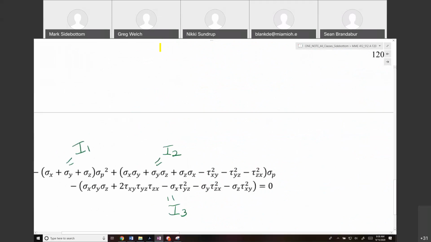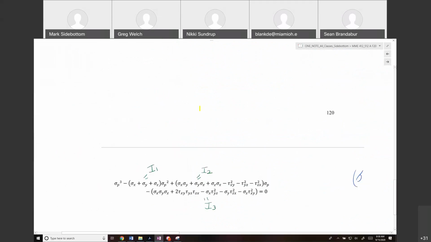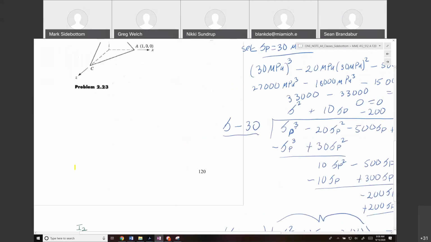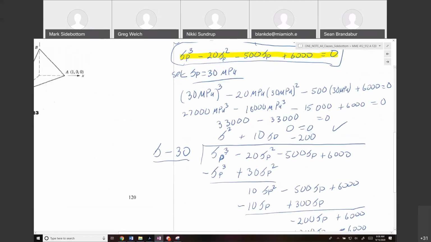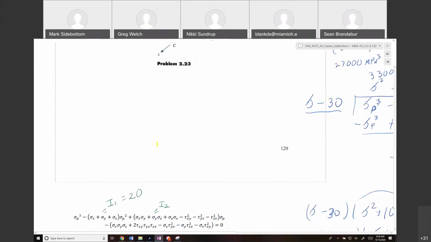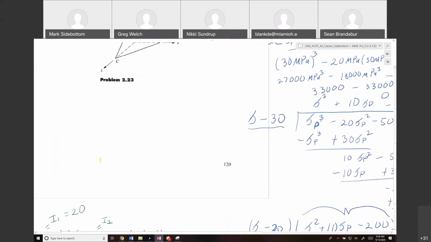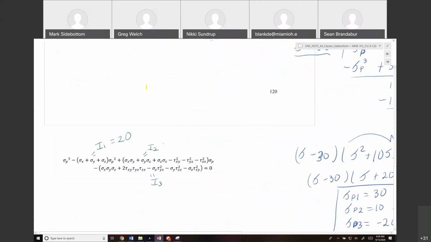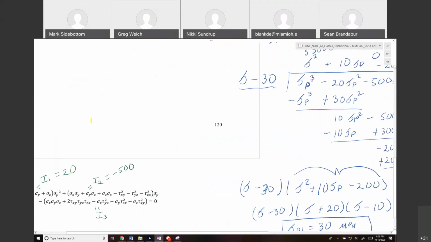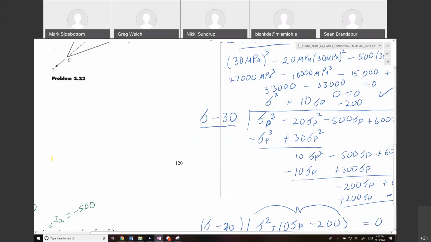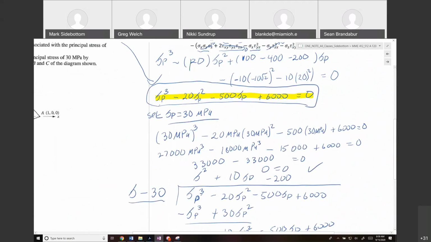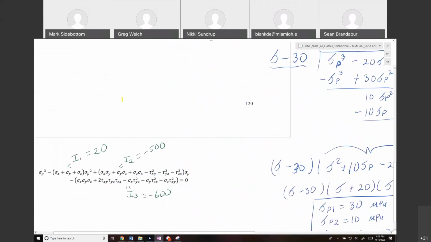Okay, so we already solved for those above. From the original state of stress, our I1 was equal to 20. Our I2 was equal to minus 500. And our third stress invariant, I3, was equal to minus 6,000.